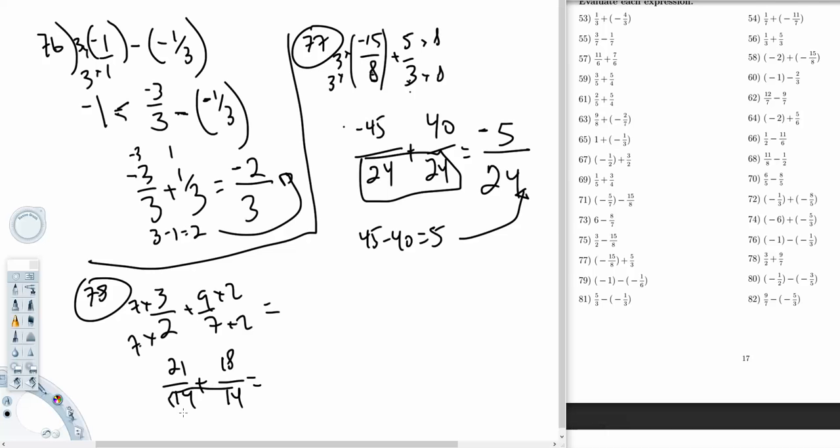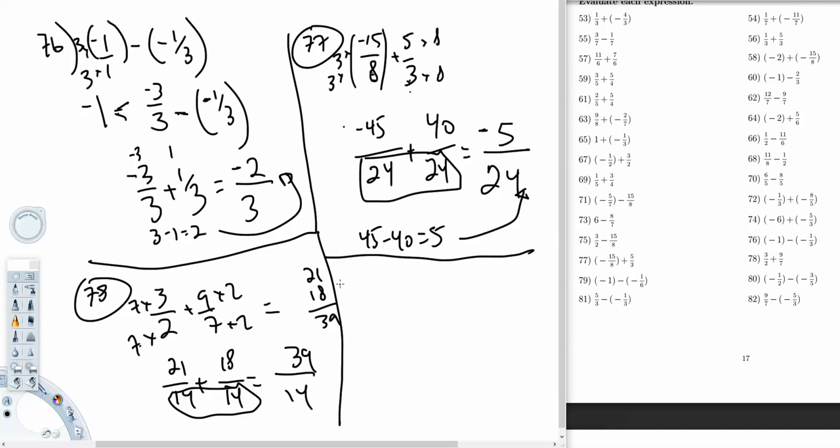We now have a common denominator, which is awesome. And then 21 plus 18 equals 39. Can you reduce it? No, you can't. I don't know why professors insist that you reduce, but anyways, this is the way they are, and that is life. Okie dokie.